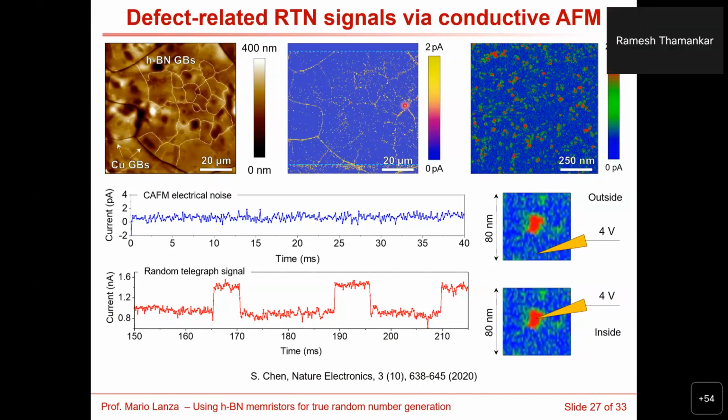No, I didn't, because the trap concentration is completely different, right? And I didn't measure here. I only measured here. Because in these grain boundaries, in many cases, if you analyze very large areas, you just see higher currents. This is nanoamps, but for 4 volts, if you put the tip here, you just see higher currents. So probably it's not just one defect, it's like a big cluster, as you mentioned.